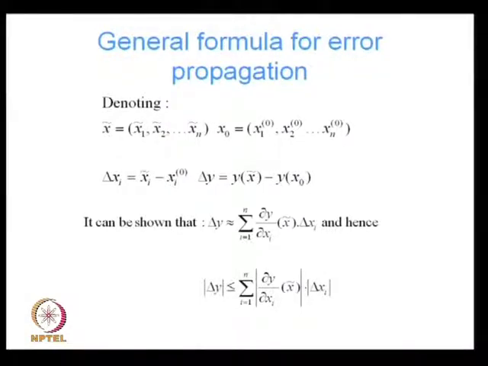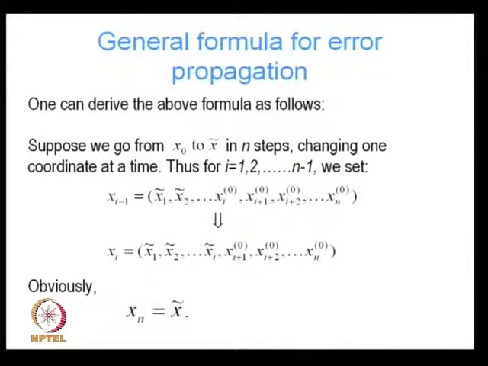That is, mod of delta y is less than or equal to sigma i equal to 1 to n, mod of del y del xi evaluated at x tilde times mod of delta xi. This result again we get from our previous lecture, where we talked about the error bounds on sums.